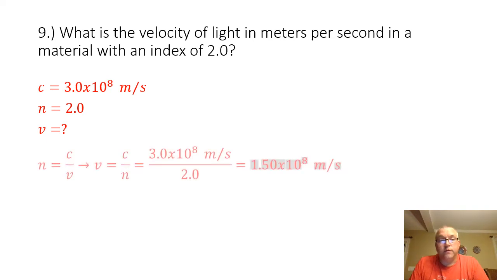The index of refraction equals c divided by v. Solving that equation for v will give me v equals c divided by n. 3.0 times 10 to the 8th meters per second divided by 2.0 will give me a velocity of 1.50 times 10 to the 8th meters per second.